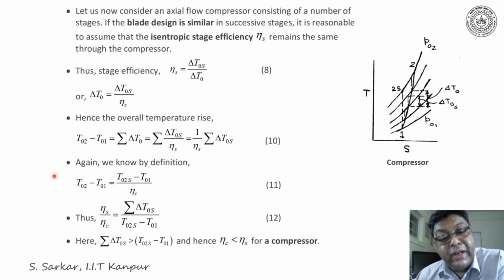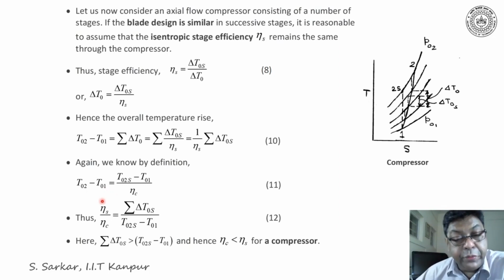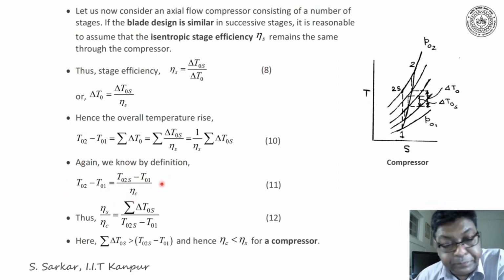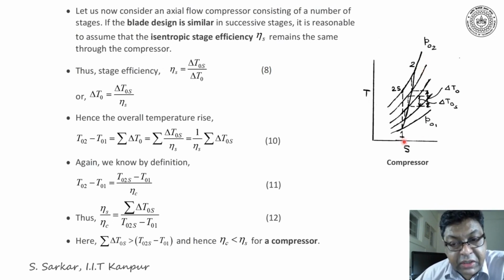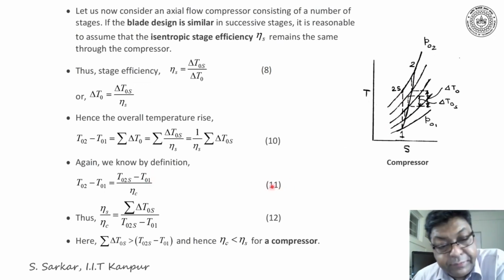Now we can define again T02 minus T01 is equal to T02S minus T01 by eta C, considering the overall compressor. Look here, I can write the actual temperature rise in terms of isentropic temperature rise and eta C, which is equation number 11.